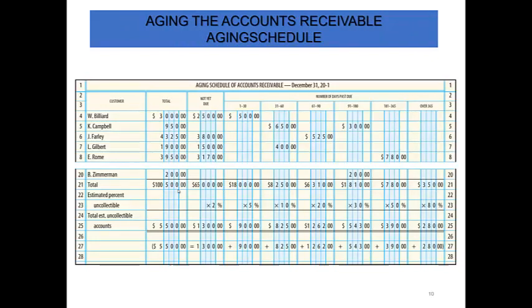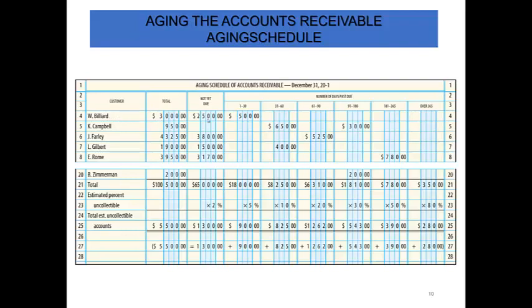So here is an example of an aging schedule. And notice that we have all of our customers who still owe us money at the end of the year over here on the left. And then we have the amount that each customer owes us. And then we're going to break that amount due down by how old it is. For example, we've got W. Billiard, and he owes us $3,000.